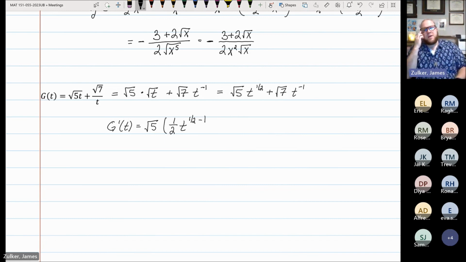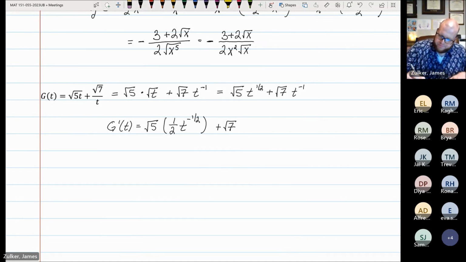Then it's t to the 1/2 minus 1. That square root of 7 is a constant. Bring down the power. Then it is the power minus 1.